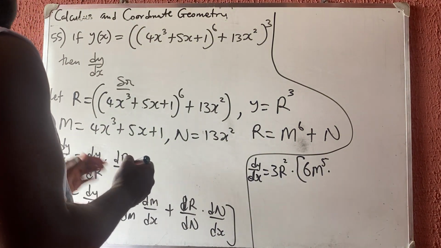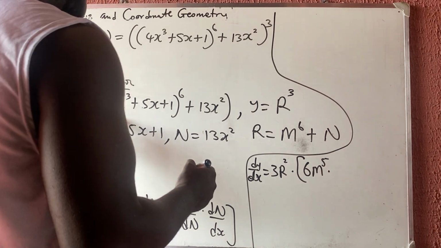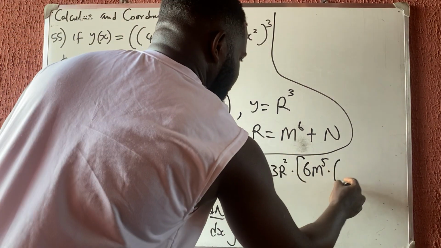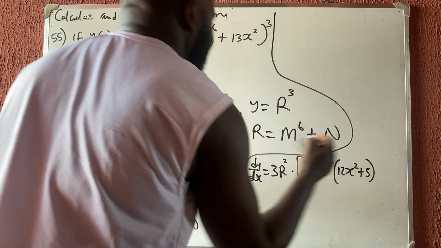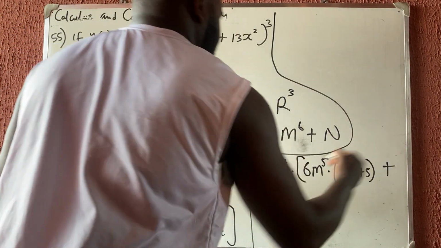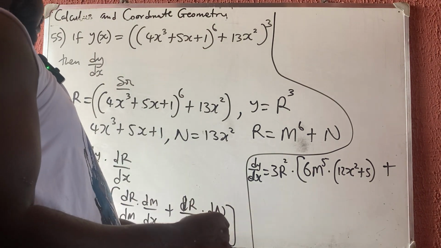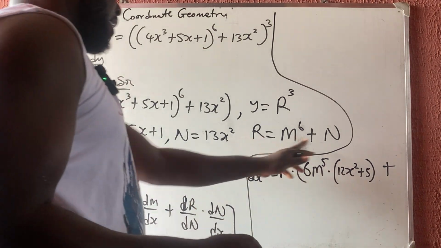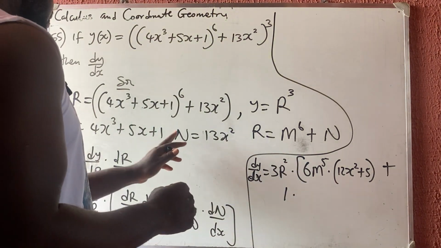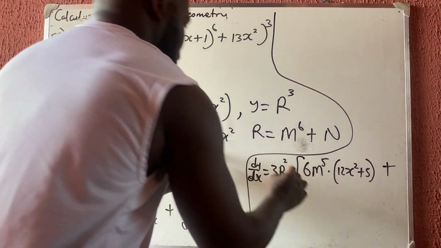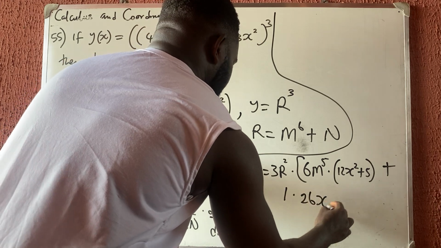Where is m and x? dm dx will give you 12x raised to power 2 plus 5. Plus, now dr dn, where is r and n? dr dn is simply 1, dot dn dx, where n and x will give you 26x raised to power 1.